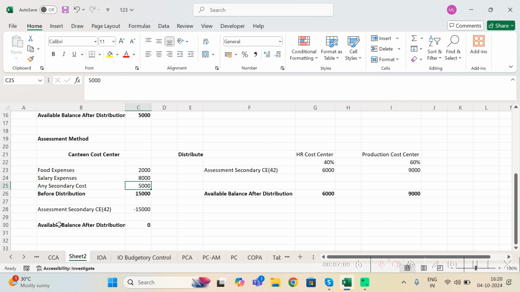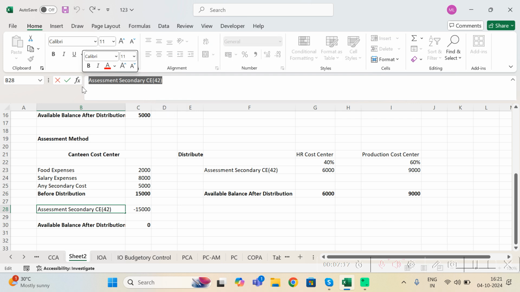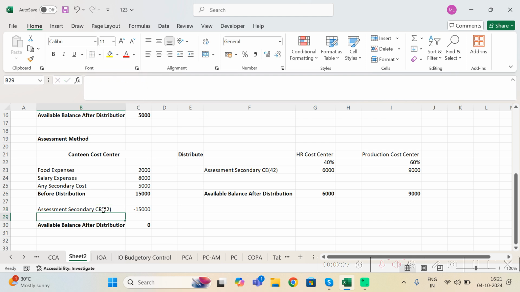Once I do the assessment run, one secondary GL you have to create with cost element category 42. You have to create one secondary GL with cost element category 42. So instead of crediting here your food, salary, it will credit this common GL.